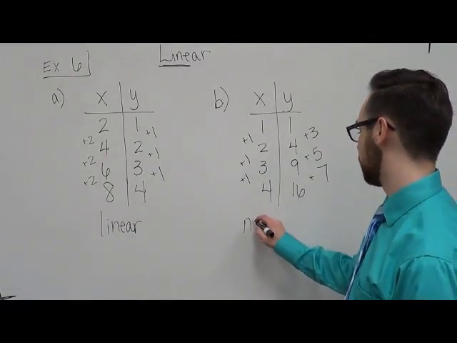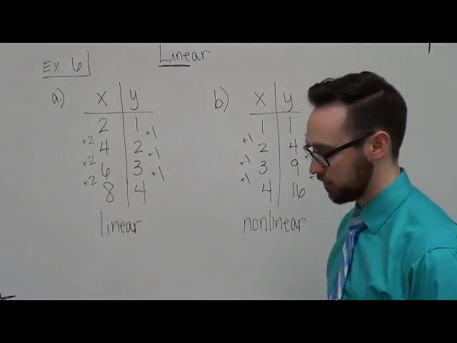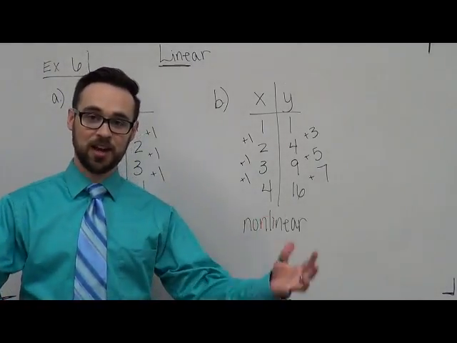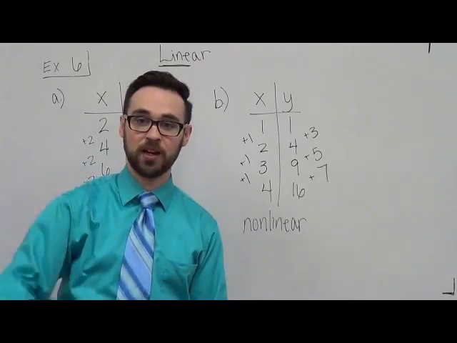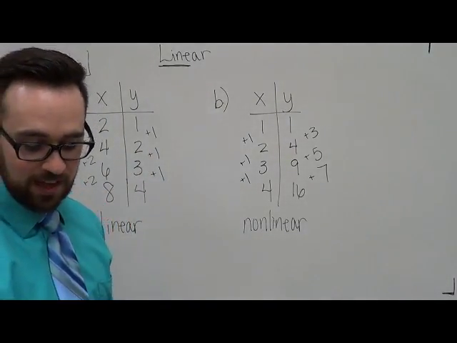Non-proportional, non-linear. Okay? Because it's increasing by different amounts each time, which means that it is not linear. Okay? It's not going to give us that straight line function. So that is all the further I want to take that section.